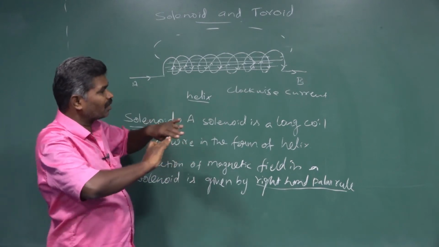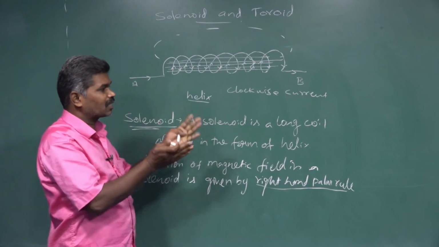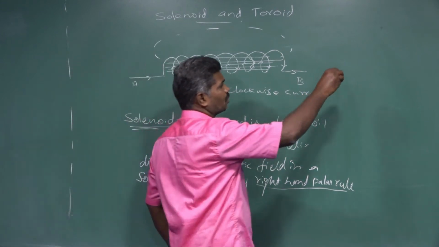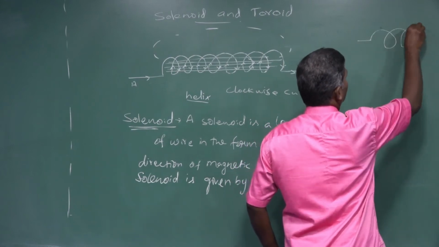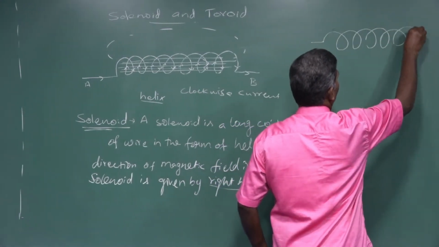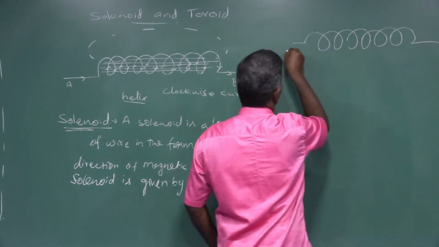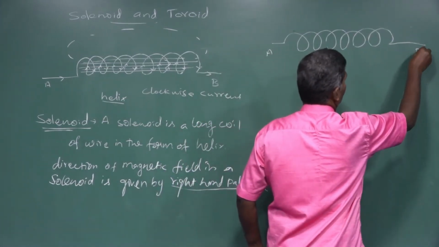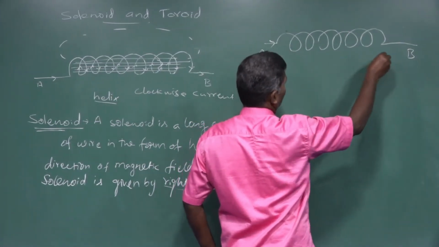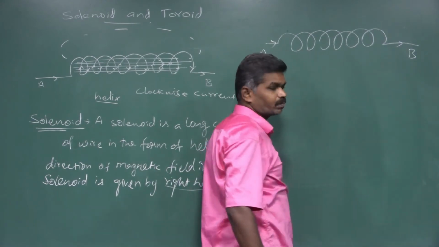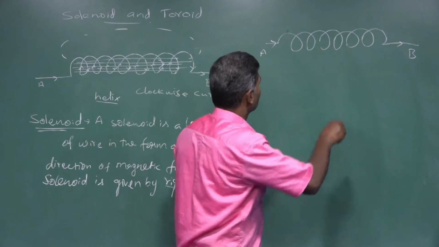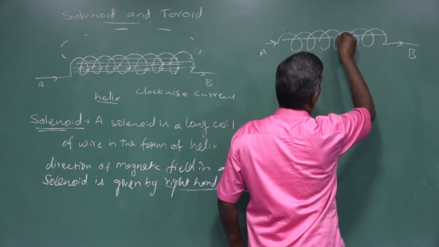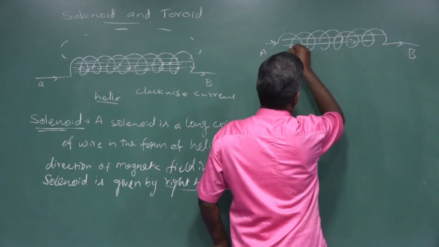The total magnetic field, internal and external, is given in another diagram. We take the same solenoid, with an end A and an end B. Current is flowing from A to B in a clockwise direction. Based on that, the magnetic field inside the solenoid is this.